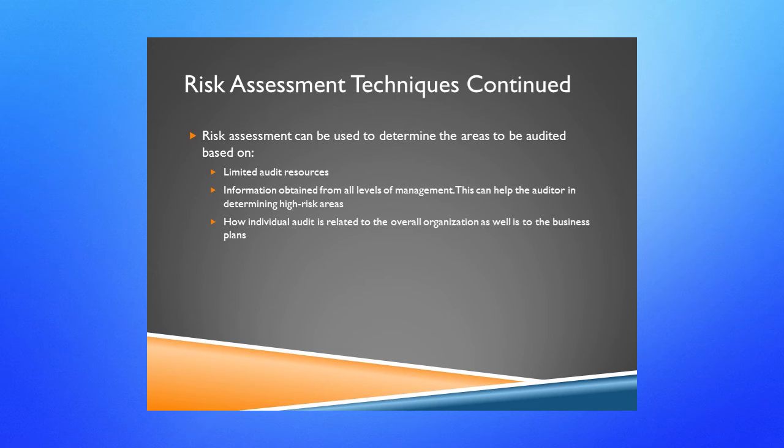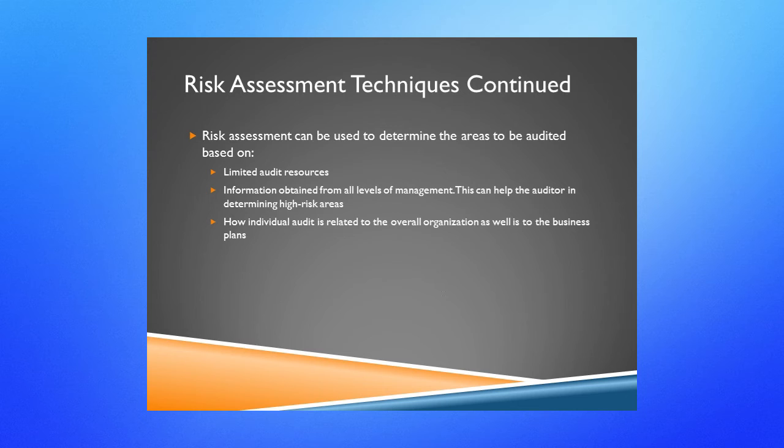Now, risk assessment can be used to determine the areas to be audited, and we again can base that on a lot of information, like number one, do we have limited audit resources? If we do, then certainly that's where we can determine what areas we are going to be able to do these risk assessments on. We can look at the information obtained from all levels of management, and that can help us in determining where the high risk areas are.